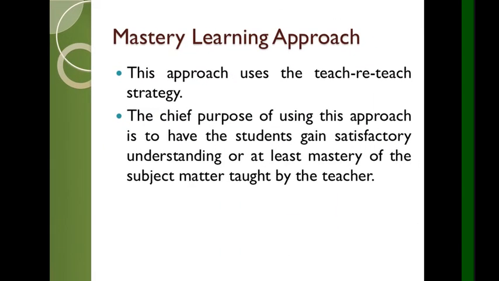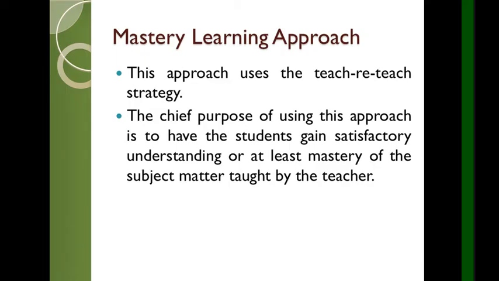For mastery learning approach, this approach uses a teach-the-teach strategy. The chief purpose of using this approach is to have the students gain satisfactory understanding or at least mastery about the subject matter taught by the teacher.